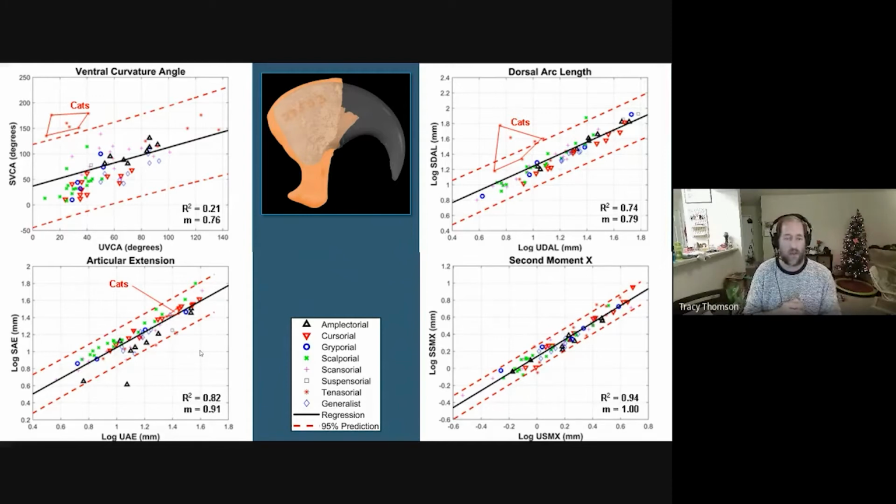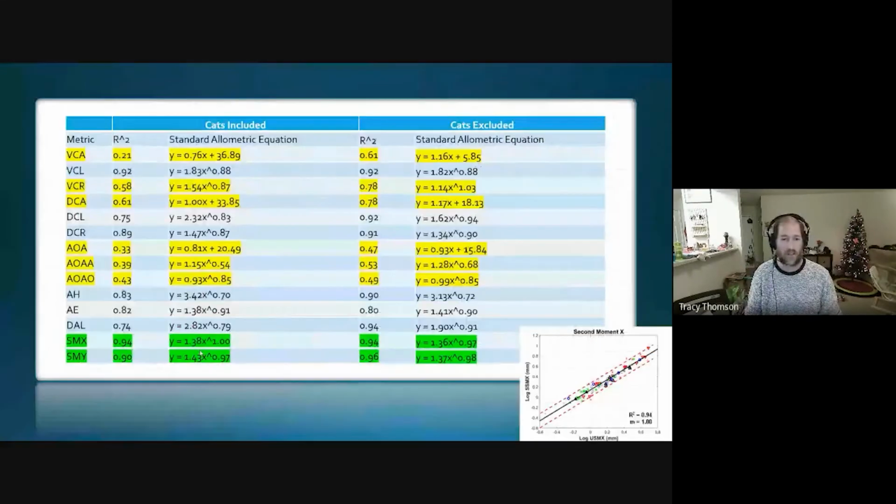So with cats, what I ended up doing was removing cats from the analysis and putting them back in to see how that affected the results. And again, it just turns out that cats are really unique. I'm not going to go through all of these numbers, but if you look at the R-squared numbers in both of these columns with the cats included and cats excluded, the closer that R-squared number is to 1, the closer the relationship between the ungual and the sheath for that metric.